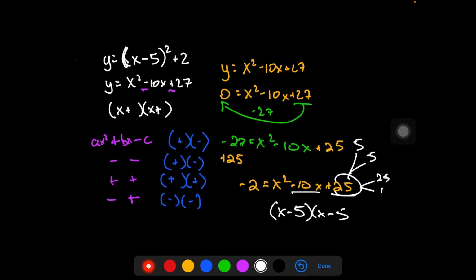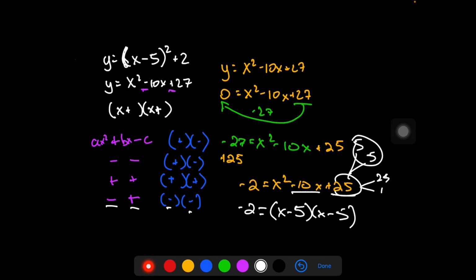And remember, our sum has to equal 10. We're at minus plus, so we've got minus minus here in parentheses. Our sum has to equal 10, and our product is 25. Well, obviously, our sum equals 10 there. And so we set that all equal to negative 2.